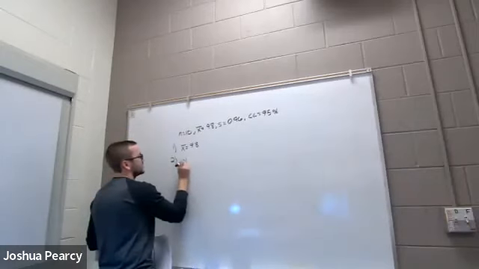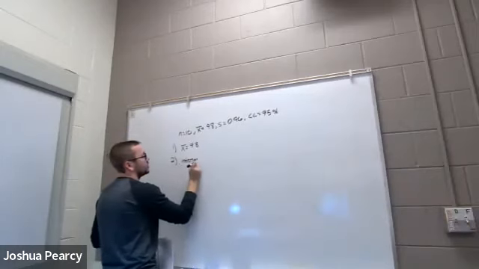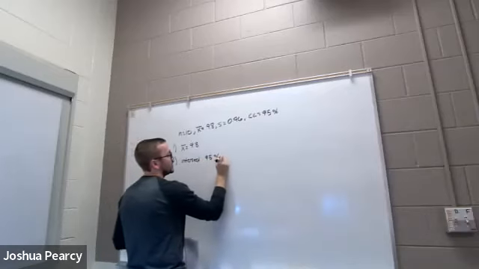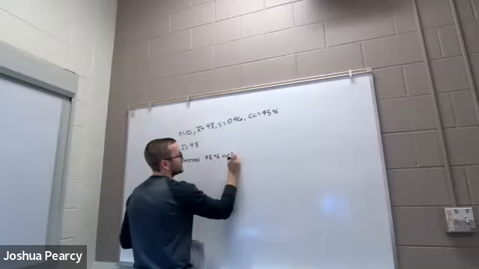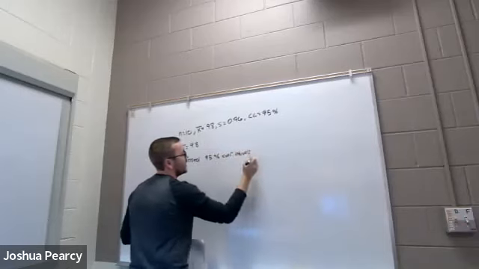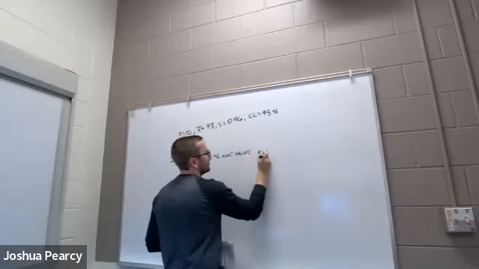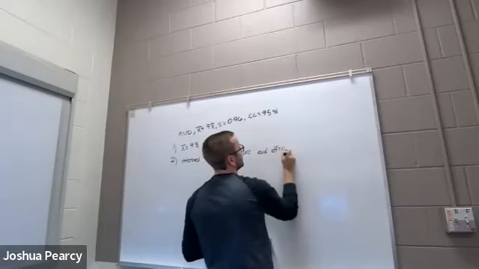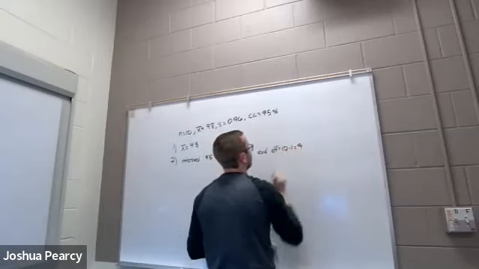So intersect 95% confidence intervals. That's what it says at the top. And degrees of freedom is equal to 10 minus 1 or 9.